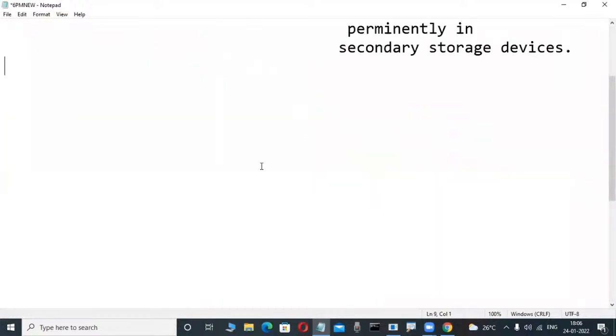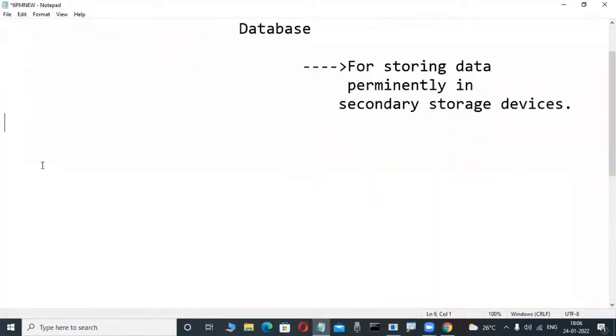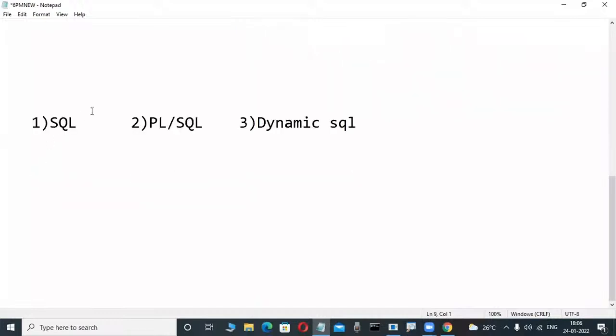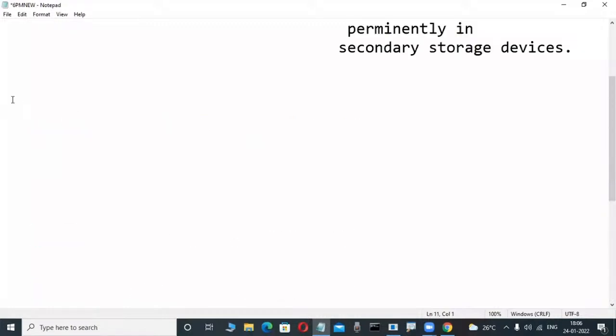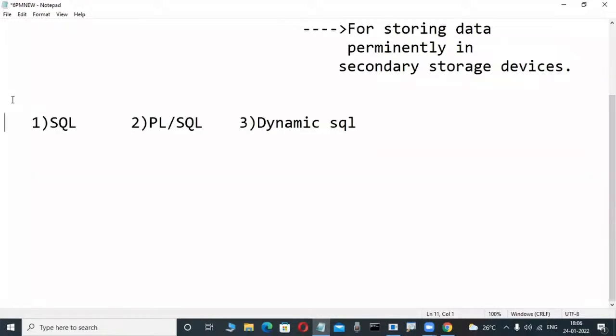Oracle, SQL Server, DB2, Sybase, MySQL, all these databases are implemented based on the relational data model concept. For operating these products we use SQL. But to operate the Oracle database product, we use three languages: SQL, PL/SQL, and dynamic SQL. Up to this, we learned in previous classes.